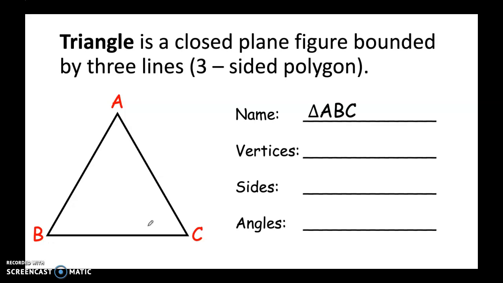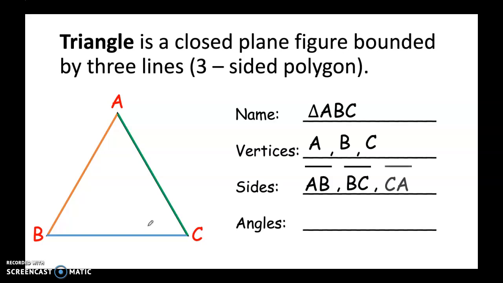The vertices of triangle ABC are point A, point B, and point C. The three sides of triangle ABC are segment AB, segment BC, and segment CA. The angles of the given triangle are angle A, angle B, and angle C.